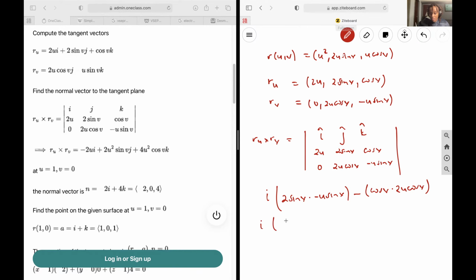So in the i, you'll have negative 2u sine squared v minus 2u cos squared v. If we factor out the negative 2u, you get sine squared plus cos squared, which we know is 1. And so that's how you get the negative 2u. So in i, we have negative 2u.